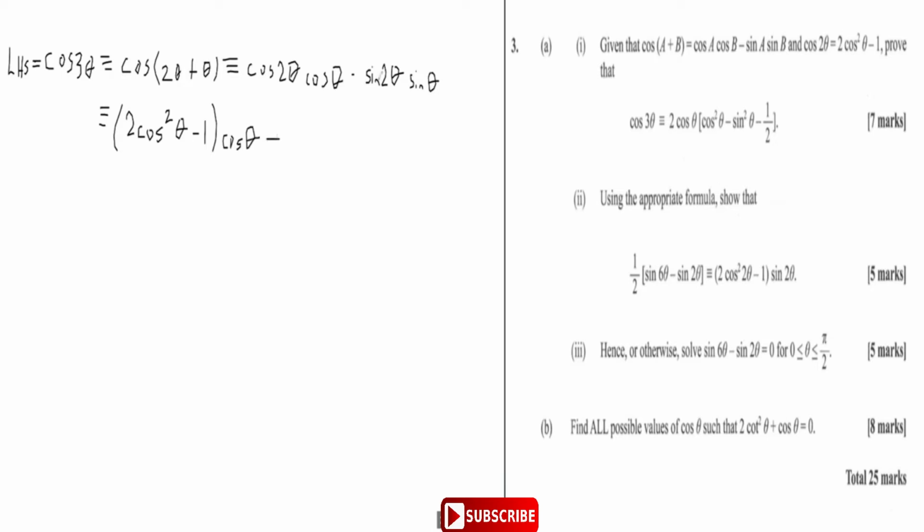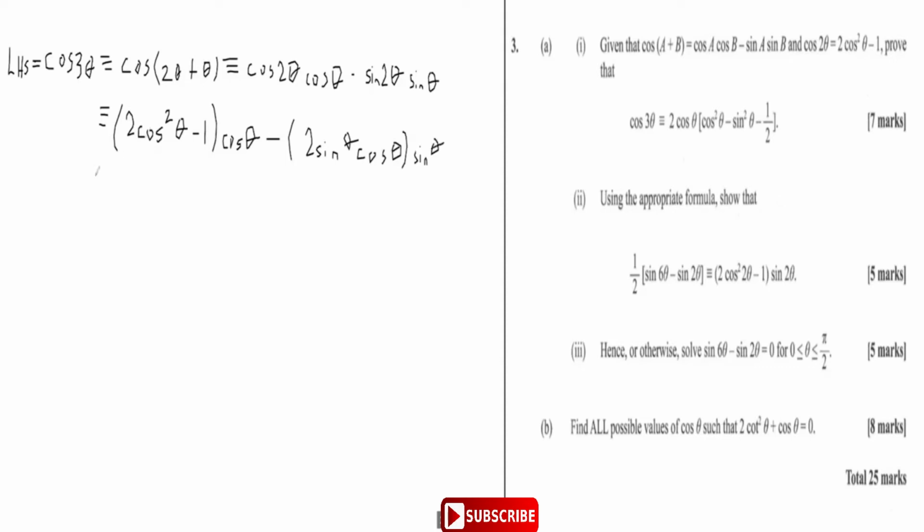Now I can go ahead and tell you that sine 2 theta is 2 sine theta cos theta, and we're multiplying that by the sine of theta. Nice, we're not doing anything special so far yet.